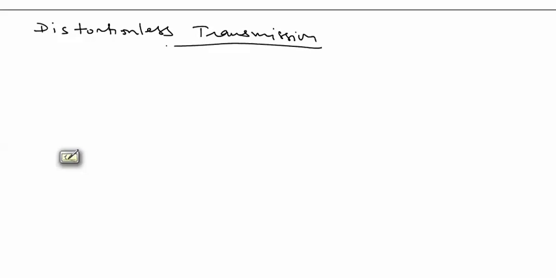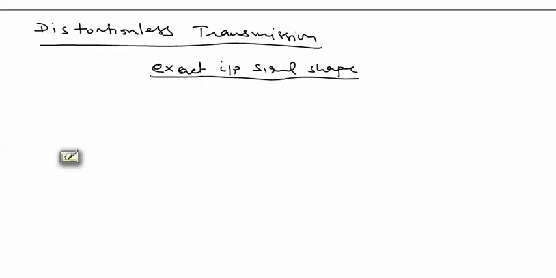What is distortion-less transmission? For distortion-less transmission, the exact input signal shape is reproduced at output. The shape is not disturbed, reproduced at output is distortionless.